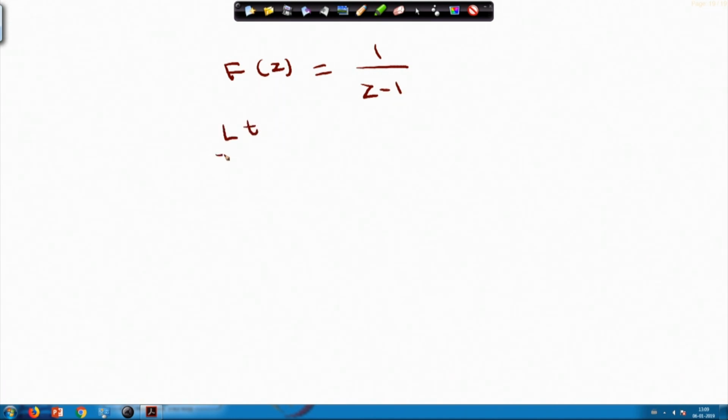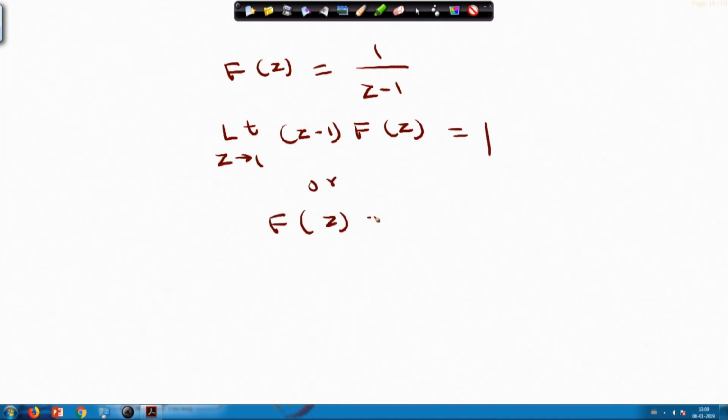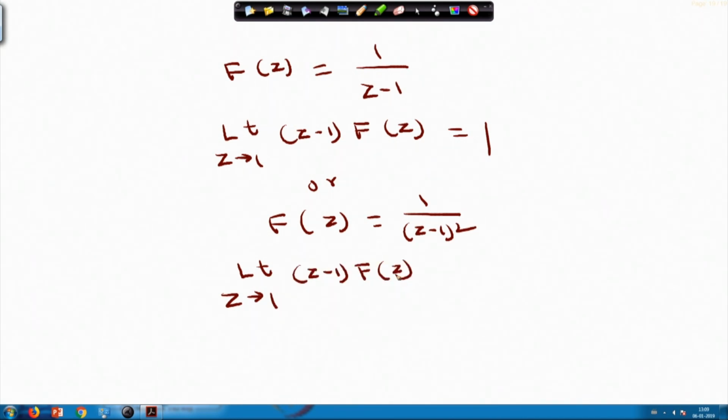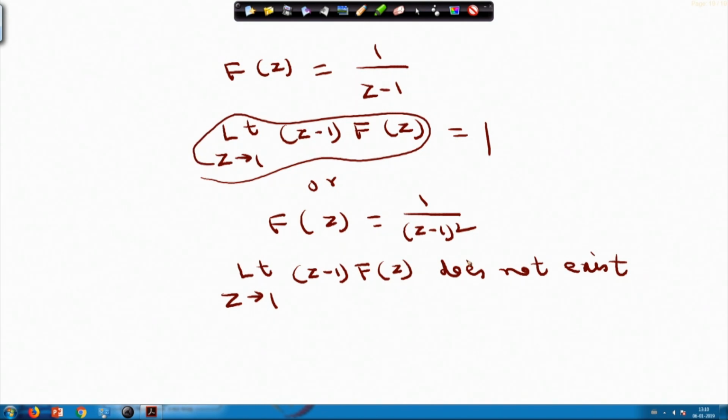In that case, limit z approaches 1 z minus 1 into f z equals 1, which is not 0. Or if you consider f z equals 1 by z minus 1 whole square, then z minus 1 into f z is 1 by z minus 1, and that limit does not exist. That is the reason we have said that this value we have to calculate.